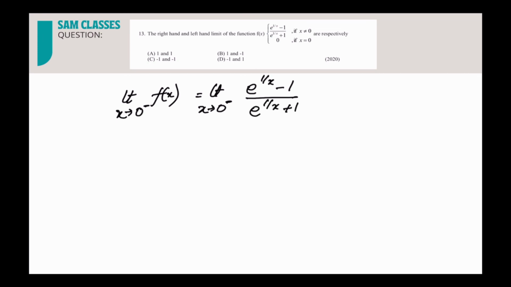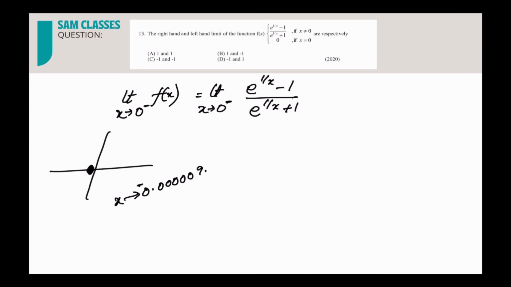Correct. Now, for the left hand part, we're going to put the value. The moment we put the value, e power a value which is just smaller than 0, extending to 0, you can take a value like minus 0.000009.